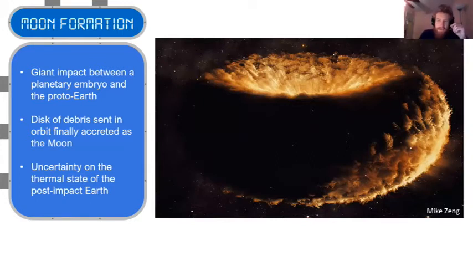And this is an artist's view of what is called the Synestia, which is a speculative object of what the Earth-Moon system just after the giant impact could resemble. And as I said, it's highly speculative, and actually the thermal state of the Earth after this giant impact is highly unconstrained.